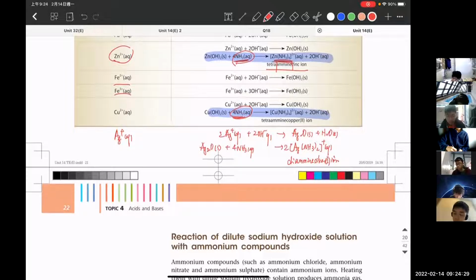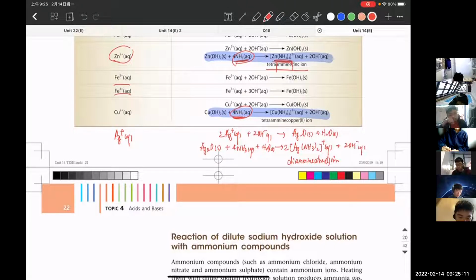Now, could you please help try to balance the equation? Okay, the diammine silver(I) ion is in the form of a colorless solution, not a colorless precipitate.